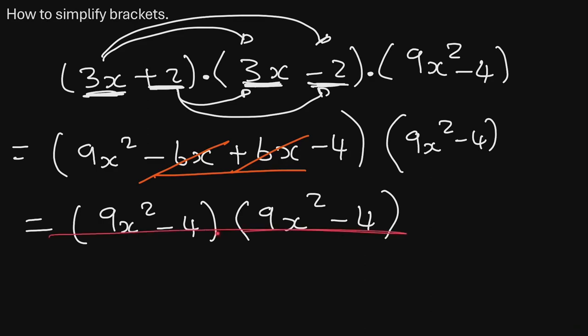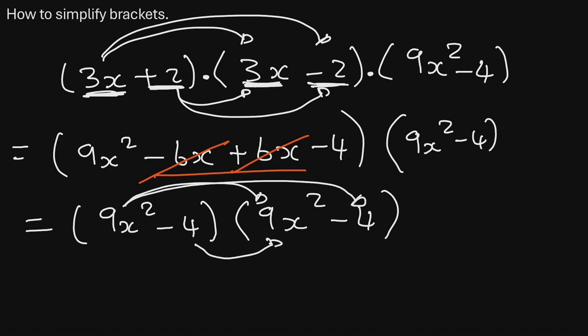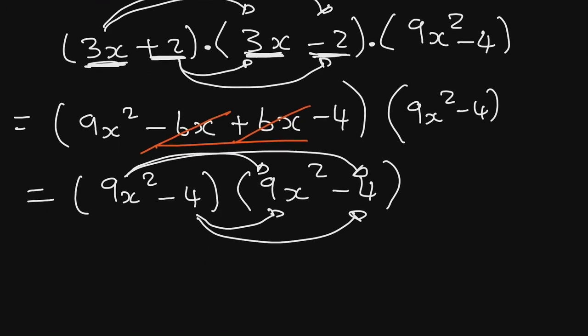The normal two brackets. So we do the very same procedure to say now, this number will multiply with the first number, and it will also multiply with the last number. And this value here will multiply with the first number, and it will also multiply with the last number. So now when we simplify this, 9x squared multiplied by 9x squared is going to give us 81x to the power of 4.